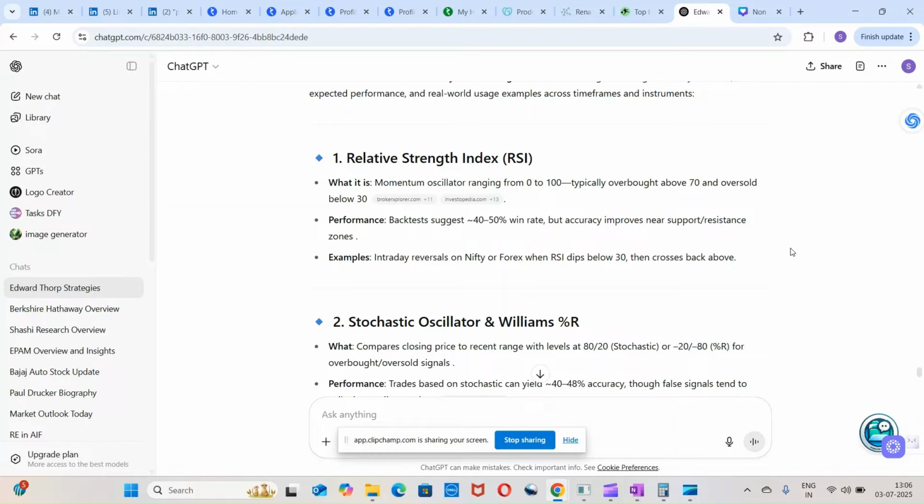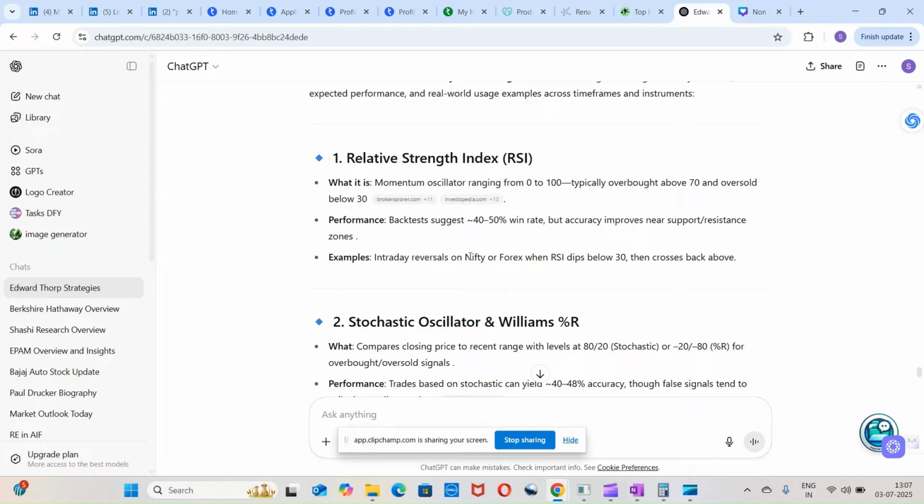RSI is a leading indicator, and it's a momentum oscillator ranging from 0 to 100. When RSI goes above 70, it's considered overbought, and when RSI goes below 30, it's considered oversold. The performance of RSI in backtesting suggests that it only has a 40 to 50% win rate, but if you use it near support and resistance zones, the accuracy improves.